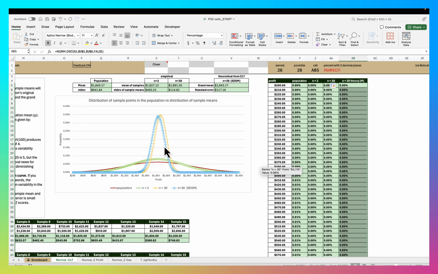So this blue line, and you're going to see this blue line on the following pages, is our theoretical sampling distribution of sample means. And you can see that the theoretical almost matches perfectly what we did empirically. And that's really cool, because it means we don't really have to do the empirical. The theoretical is going to do the job. And that becomes incredibly useful. So thank you very much, and we'll see you in the next video.